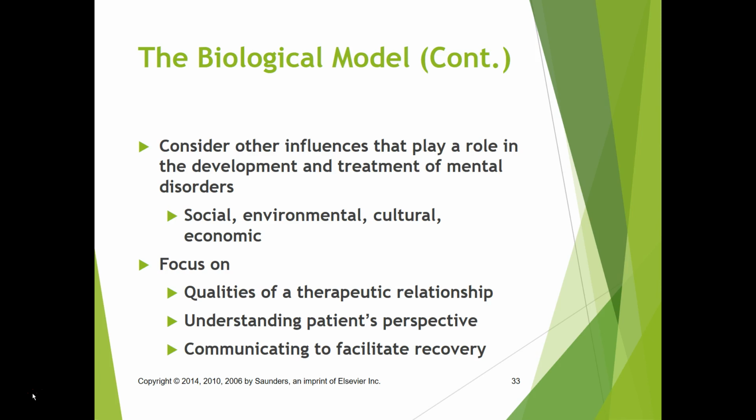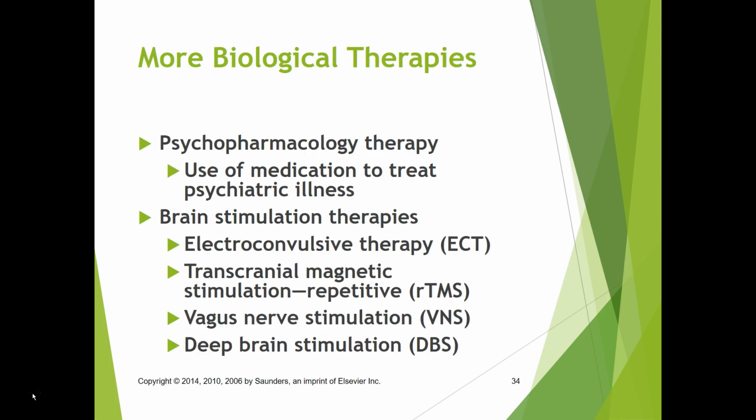So we have to consider other influences that play a role in the development and treatment of mental disorders. We talked already about some social, environmental, cultural, economic factors. And so again, we're focusing on the qualities of that therapeutic relationship, understanding a patient's perspective, and communicating to facilitate recovery.